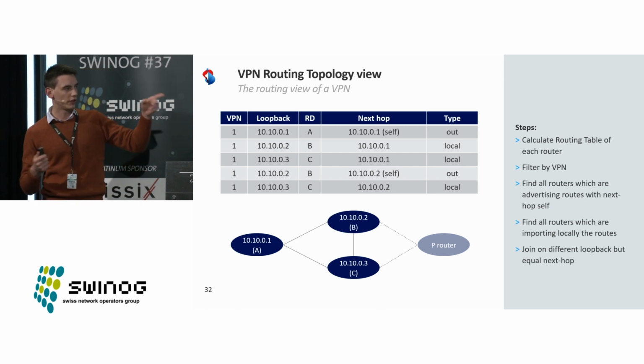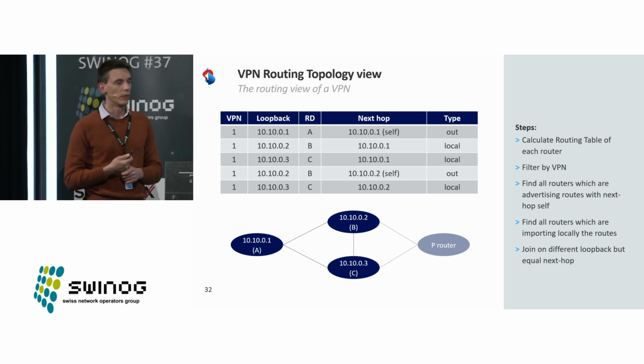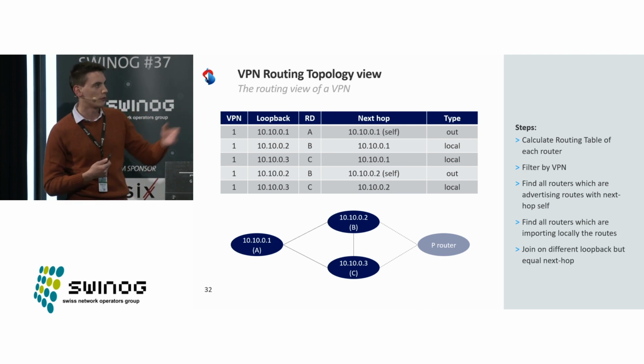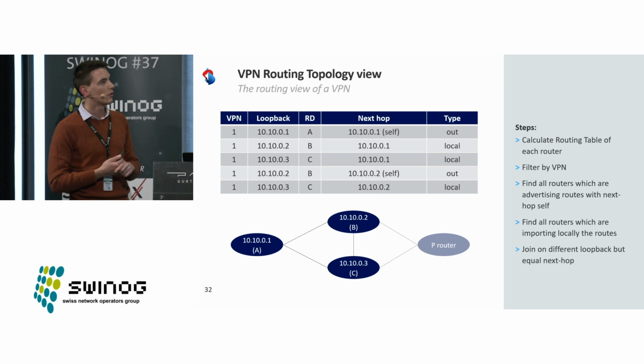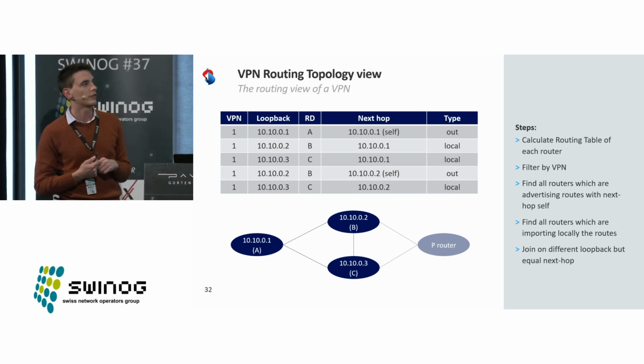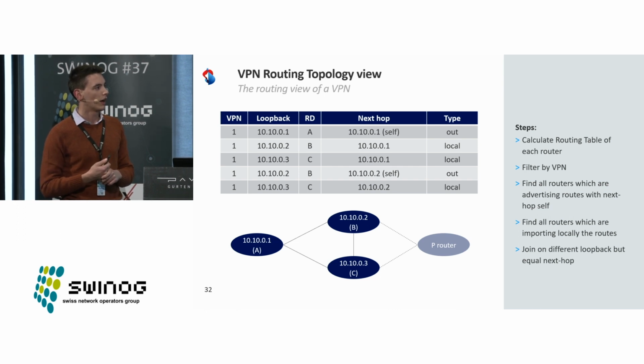And of course, in this image, I also show the P router. Obviously, this is routing, so we don't draw the P core part, nor the P ring. And well, if you do the math, this is basically how it works, because the first line we have next hop self, and the second line we import that path, and so there is a line between 1 and 2.